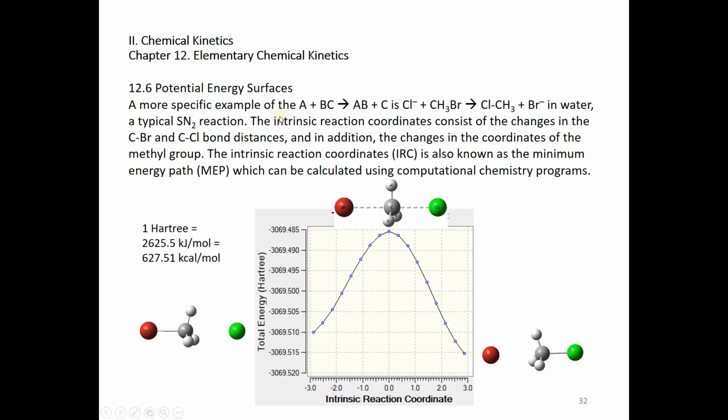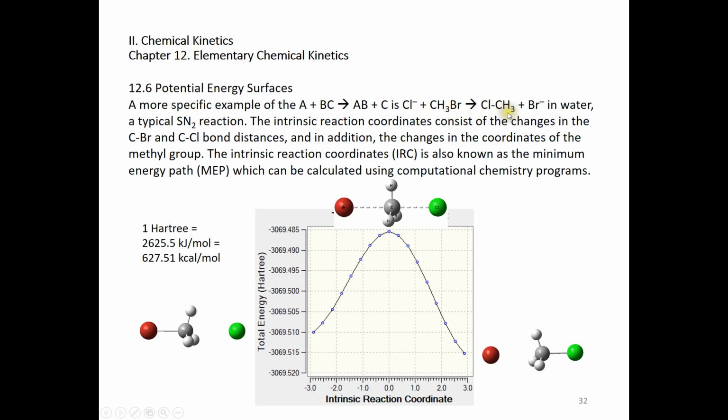A more specific example of A plus BC to AB plus C is the SN2 reaction between chloride and bromomethane in water. So on the left hand side we have chloride, and in this molecule we have a carbon-bromine bond.